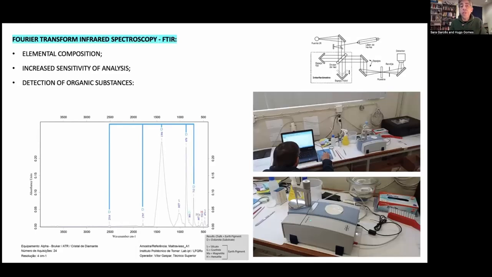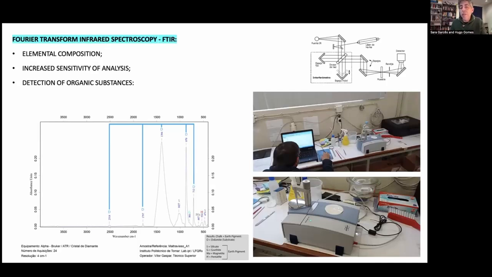The FTIR is very practical because it gives us very quickly and very cleanly the composition of the sample, and increases the sensitivity of the analysis, so we can search for very particular peaks.